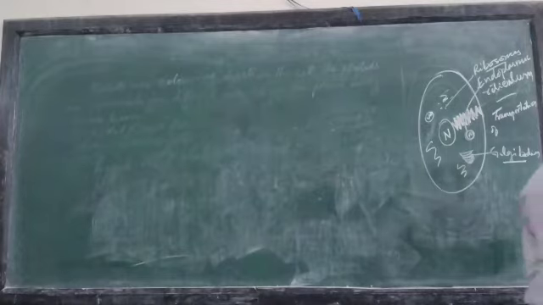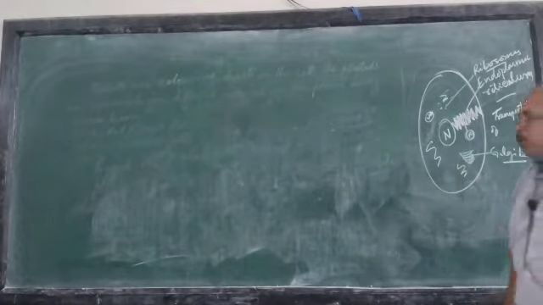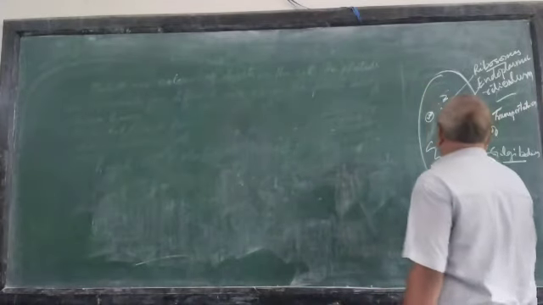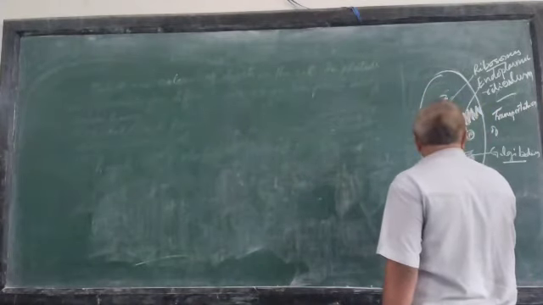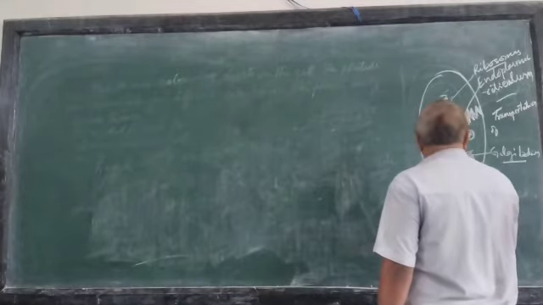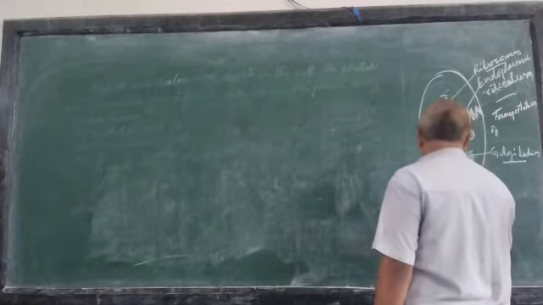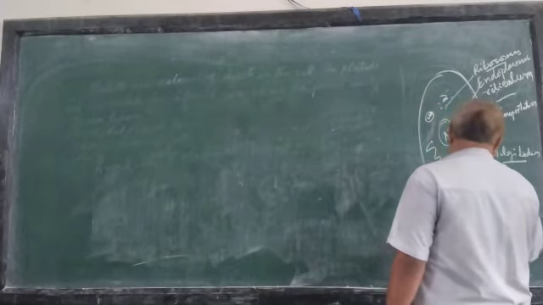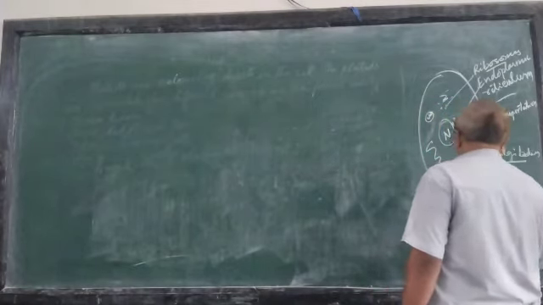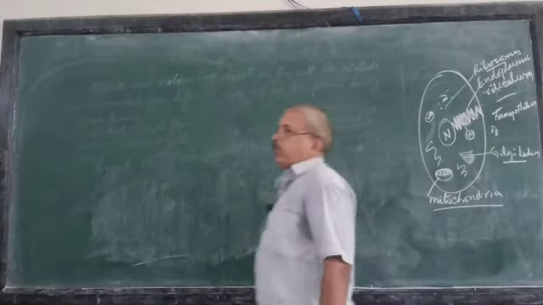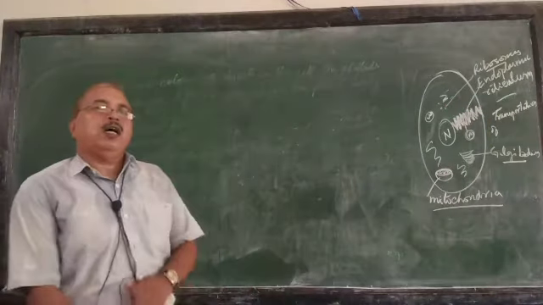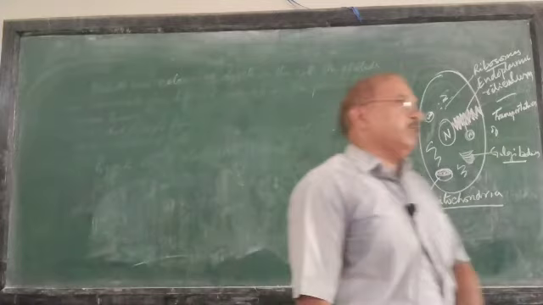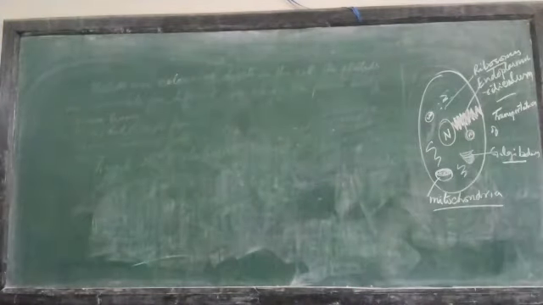Then comes the mitochondria. Mitochondria is a very important organelle, and it helps in cellular respiration. What is cellular respiration? Mitochondria is also a double membrane structure, right? And this mitochondria oxidizes the glucose that is present in the cell.